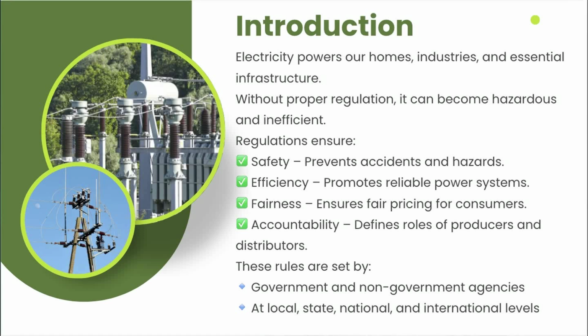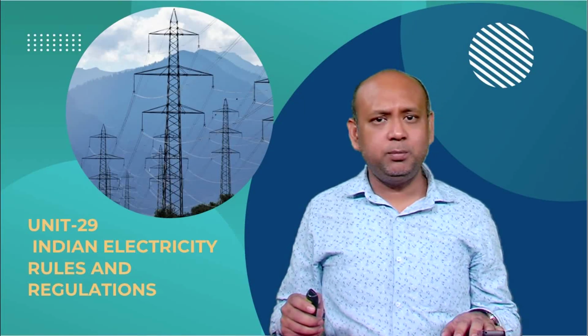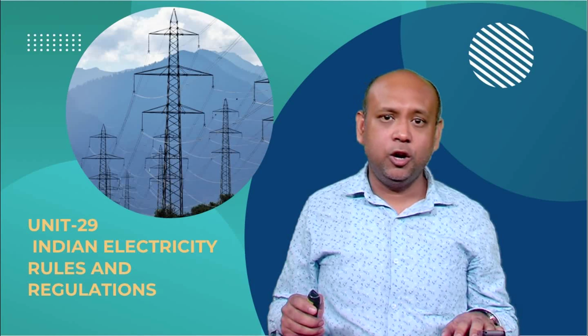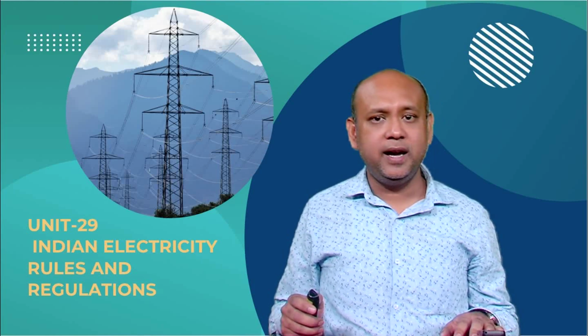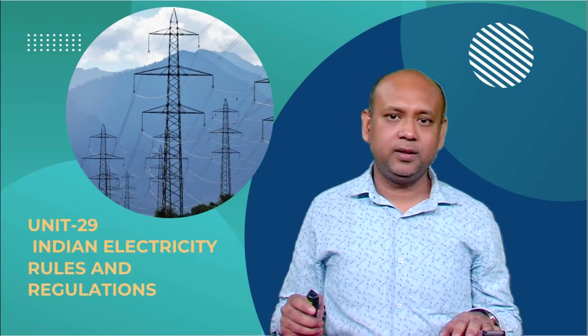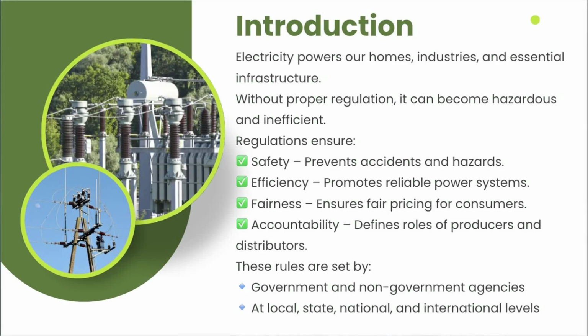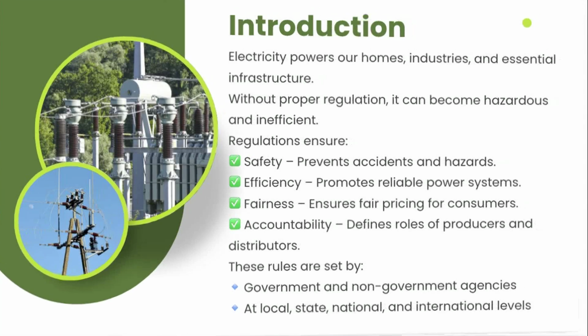These regulations help prevent accidents, they ensure fair pricing for consumers, and define the responsibilities of power producers and distributors. To achieve these objectives, various laws, regulations, and standards guide the use and management of electricity. These rules are set by government and non-government agencies at the local, state, national, and even international levels.